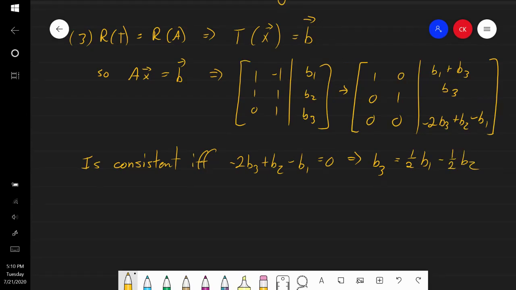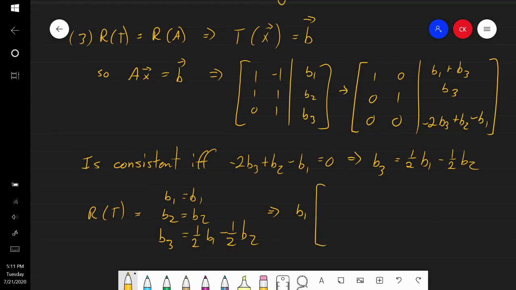Then we can write out our range of our transformation as b1 equals b1, b2 equals b2, and then b3 is going to be equal to 1/2 b1 minus 1/2 b2, which we can then write out in a vector form, which would look like b1 times the vector 1, 0, 1/2 plus b2 times the vector 0, 1, negative 1/2.